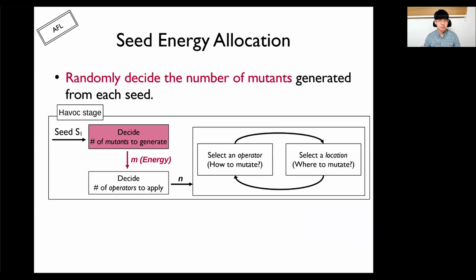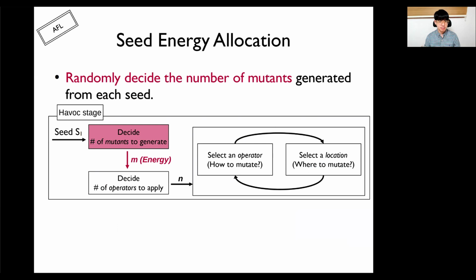This time, let's recall the havoc stage in AFL. As we learned before, in this stage, AFL aims to apply multiple operators to mutate the seed inputs.